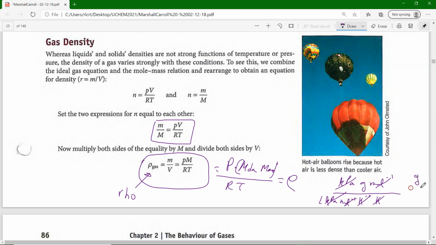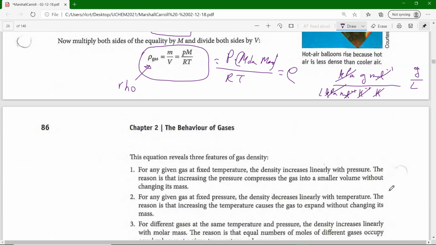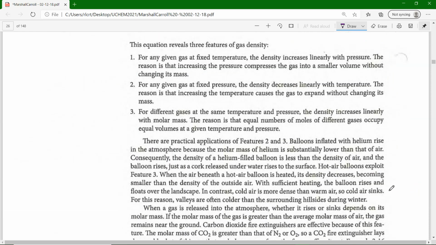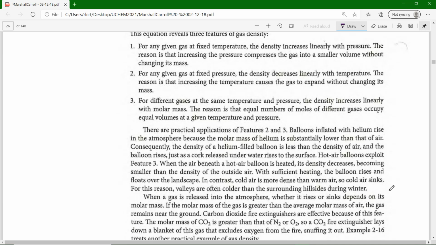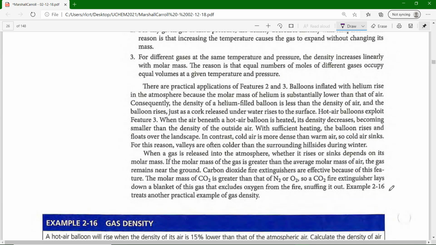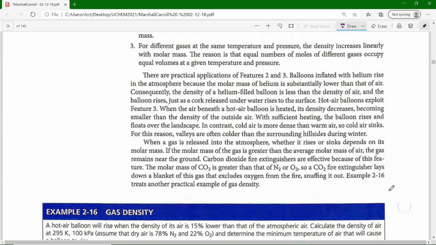Again, there are times when we want to convert to kilograms per liter, but for now, yes, the density works in terms of grams per liter. All the stuff I just said is mentioned in those 3 points, so that's good.